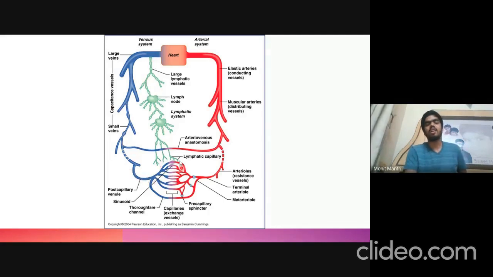But some of the fluid still remains in the interstitial fluid. So a small amount keeps being lost from the capillaries into the interstitial fluid, and this fluid is then collected by the lymphatic capillaries present in the tissue, and via the lymphatic system it reaches back into the vein and therefore back into the heart.